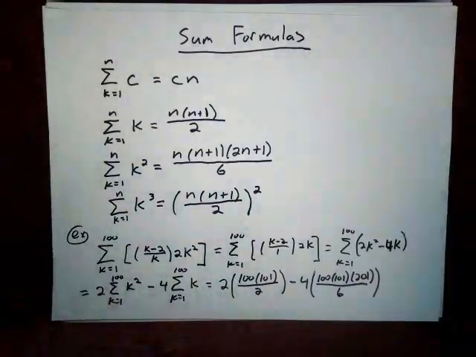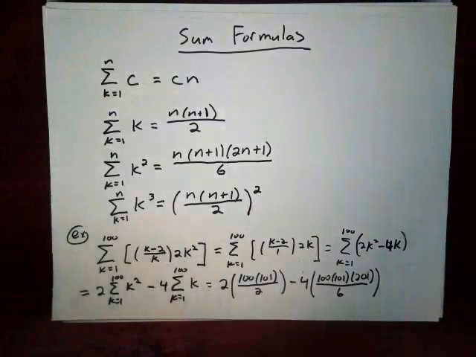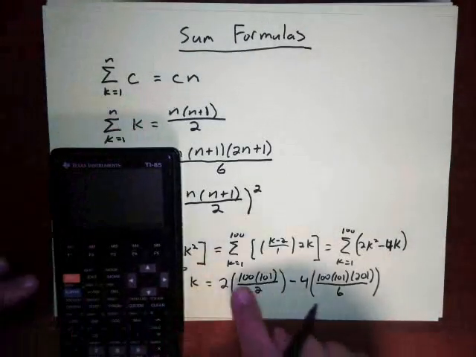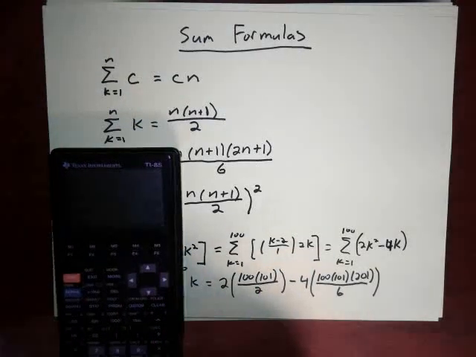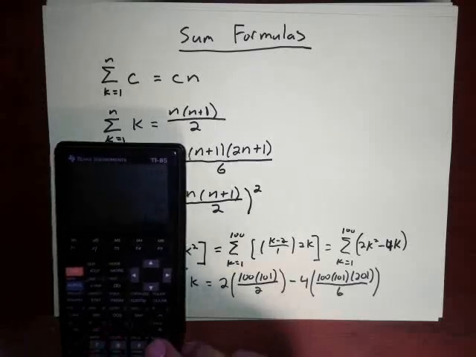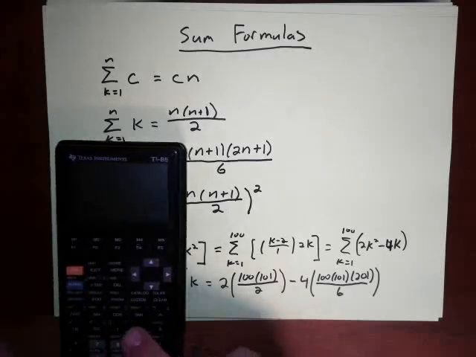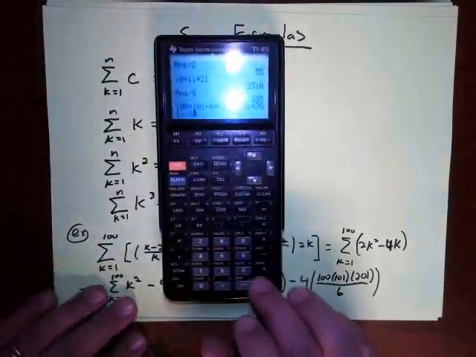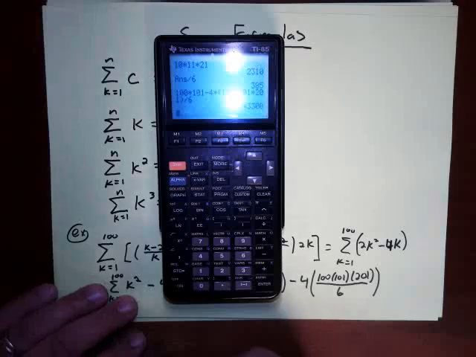Here the 2's cancel out, so I get 100 times 101 minus 4 times 100 times 101 times 201, all divided by 6. I know it's hard to see that, but I'm just putting it in the calculator.